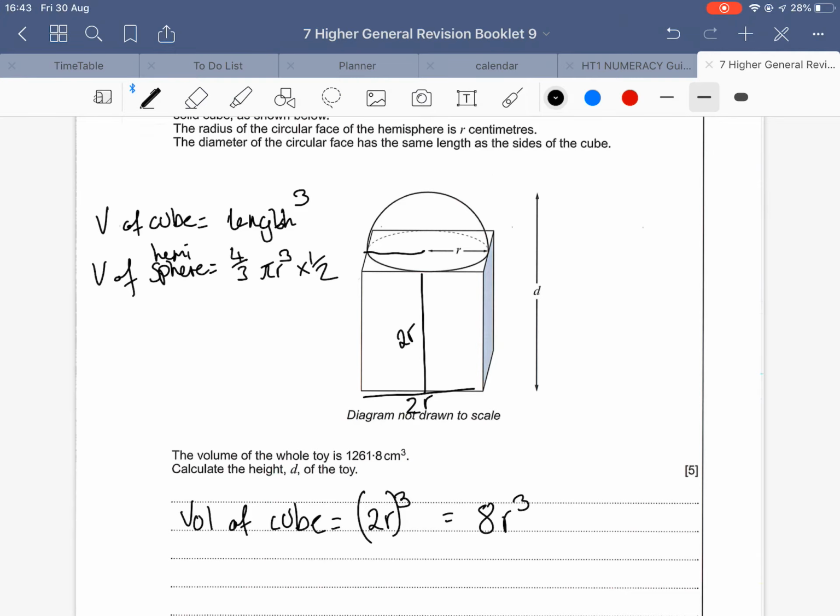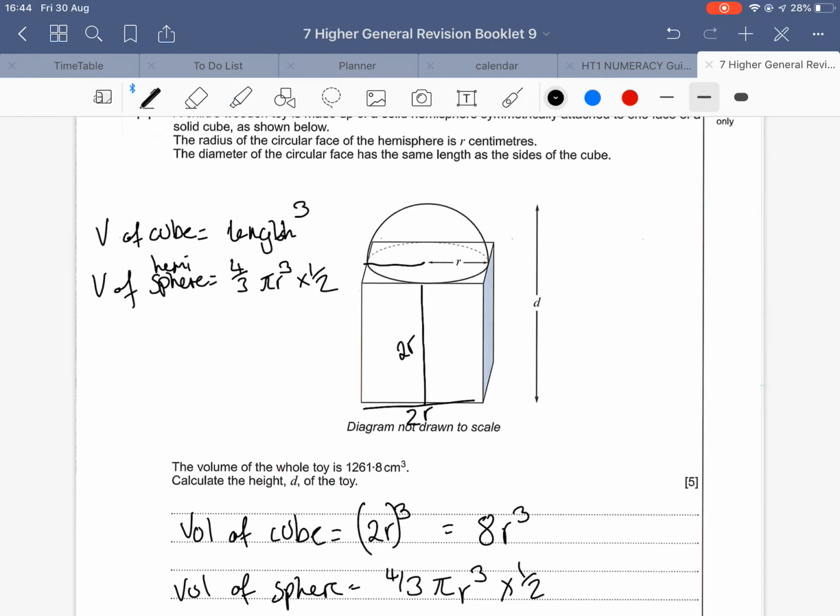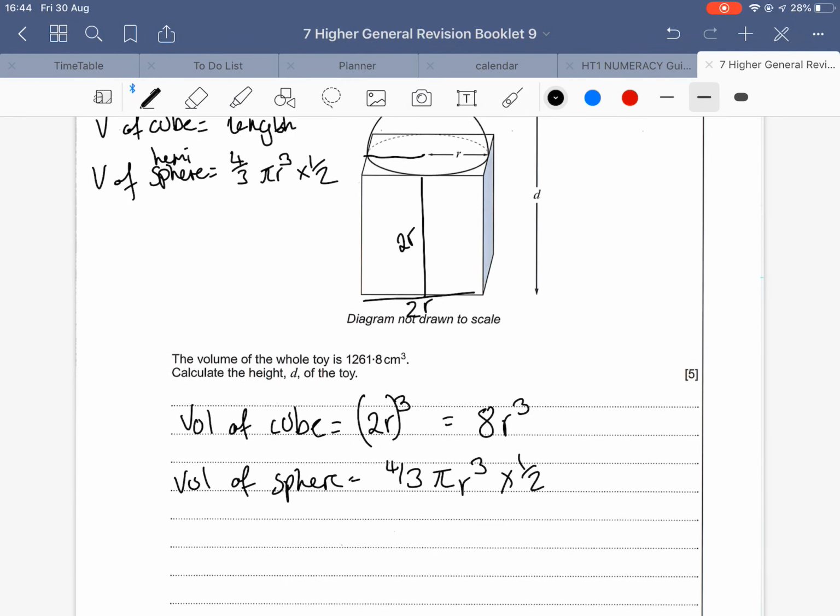So it's going to be 8r cubed. So that's the volume of the cube. Don't forget to cube your 2. So volume of the sphere is going to be 4/3 pi times the radius cubed, and then half of it. That's literally just the formula. And then they're combined, that's it, isn't it?